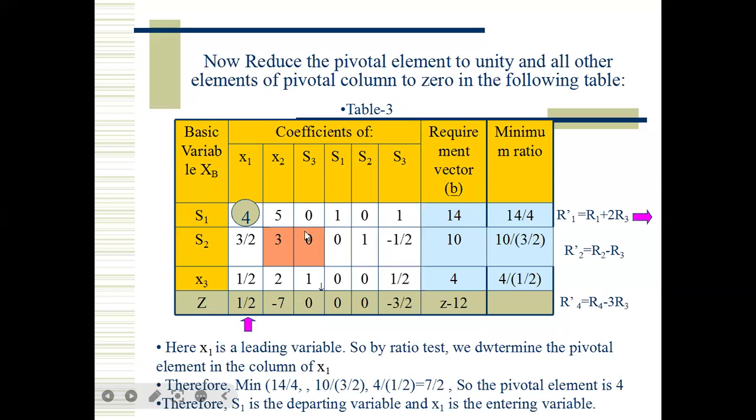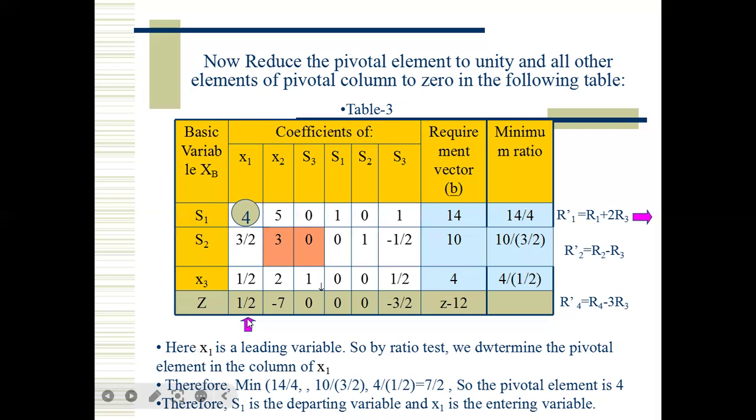If we make this 0, the first row becomes R1 plus twice R3, and the second row becomes R2 minus R3. And the fourth row will be the fourth row minus 3 into row 3. This way we get the reduced pivotal element column.